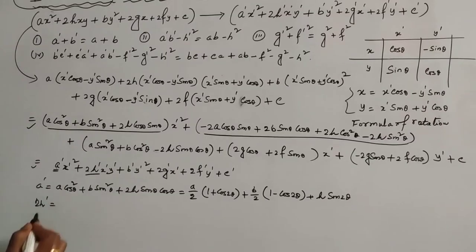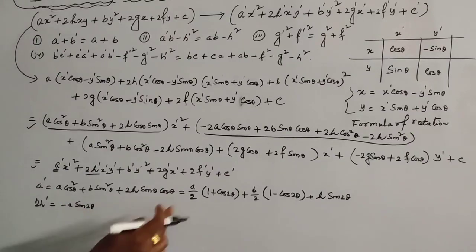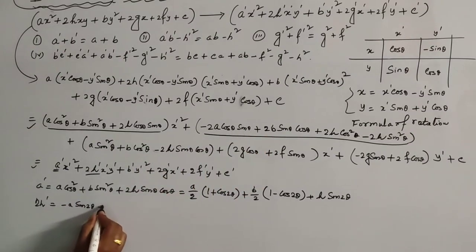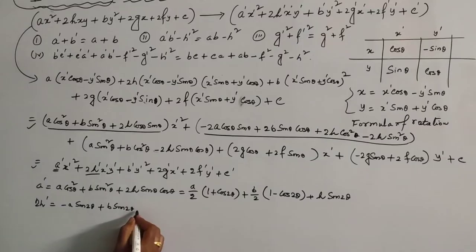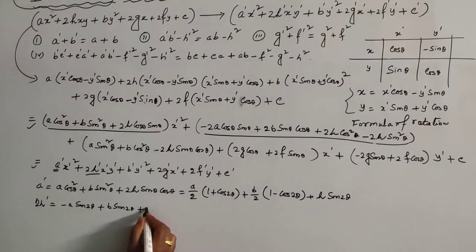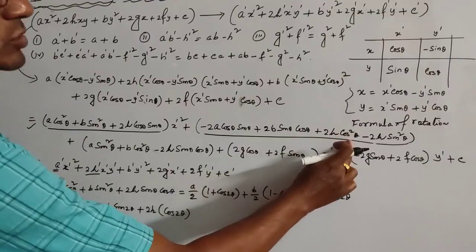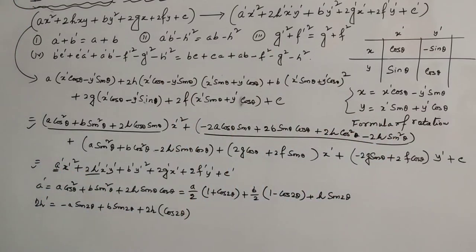Now we compare 2h dash, so we write 2h dash equal to minus a sin 2 theta plus b sin 2 theta, and if we take common 2h from both, then we get 2h into cos 2 theta, because this is cos square theta minus sin square theta.